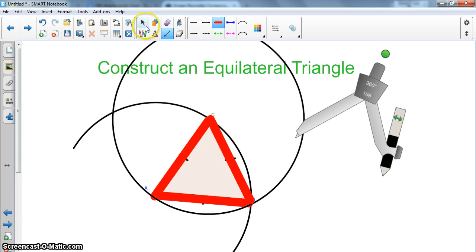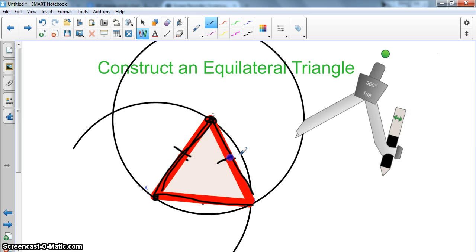Okay? So, since we made our circles the same, we didn't change the radius here, we can argue that from this circle that this segment is congruent to this segment, and then also from the center of this circle that this segment is equal to this segment. Therefore, that's always going to make an equilateral triangle.